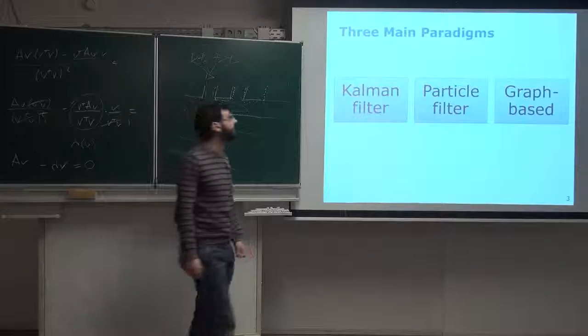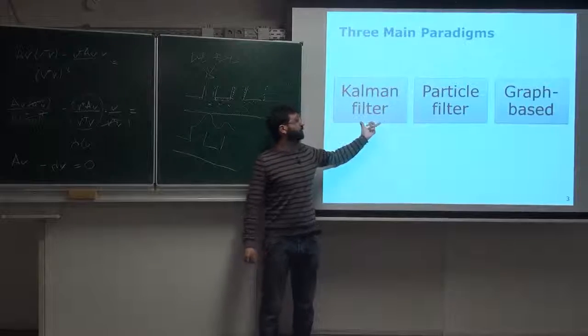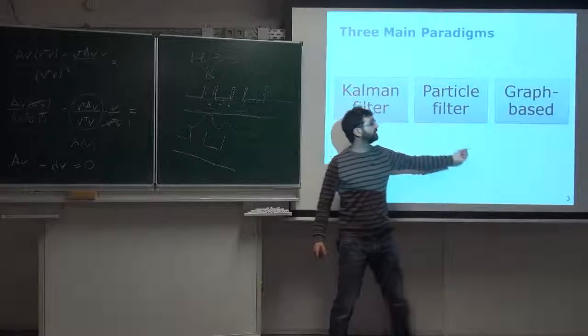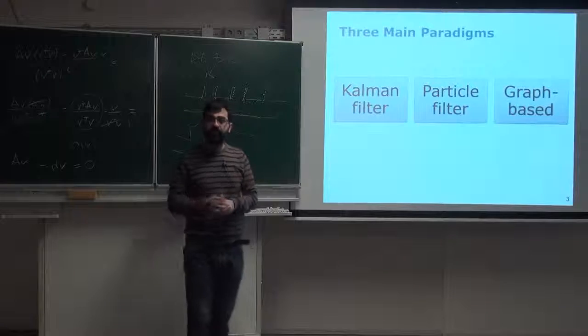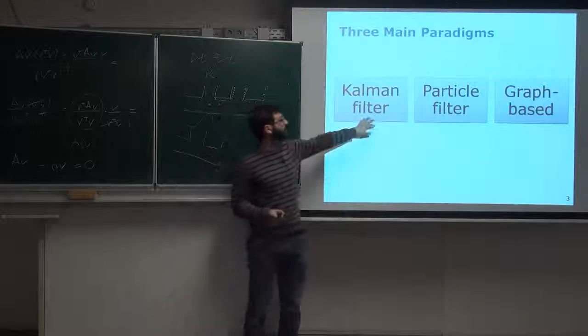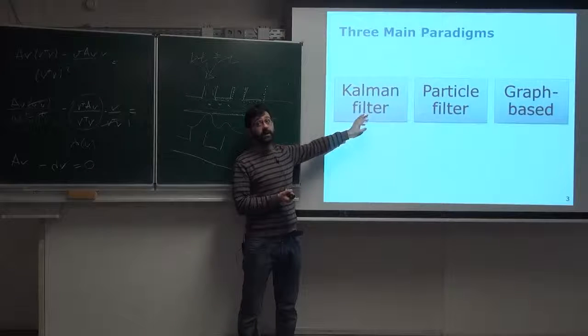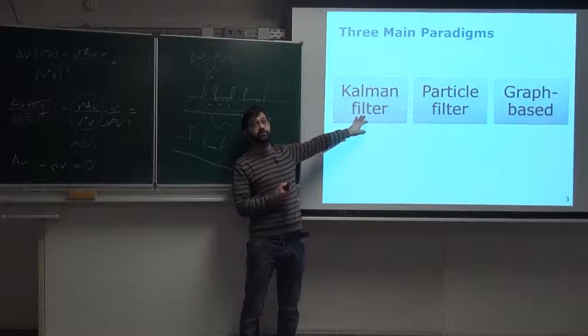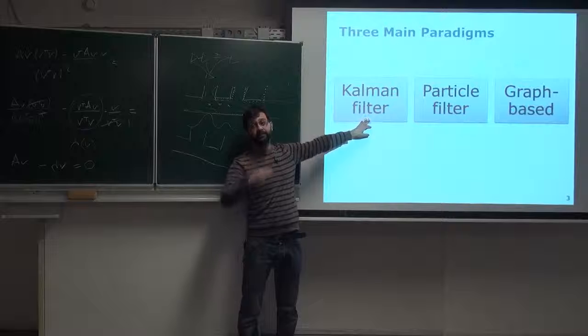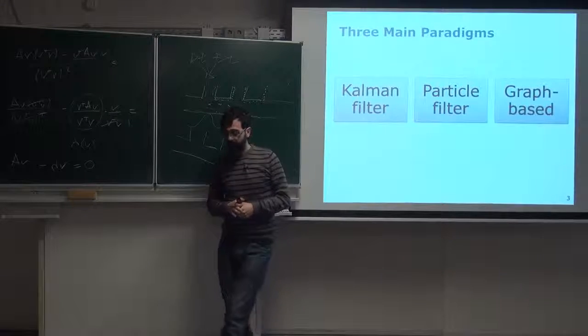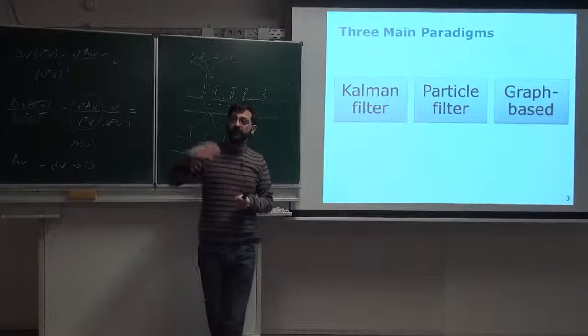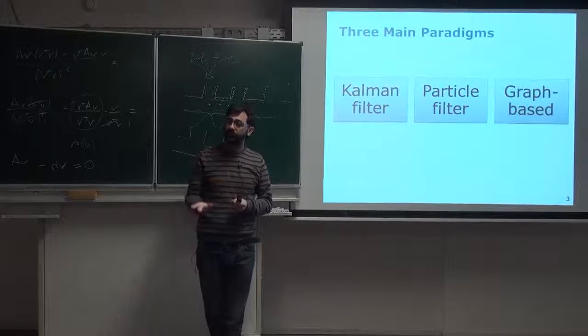And we have seen three main paradigms: a Kalman filter, a particle filter, and a graph-based approach. They all have pros and cons. The Kalman filter is very quick to implement. It has an assumption of unimodal errors, Gaussian distributed errors, and linear or close to linear sensor and motion models.